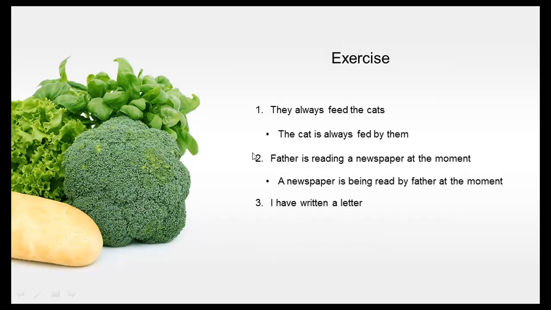The verb is written. The subject is I. Because the verb has to be verb three or past participle form, the answer is: a letter has been written by me.